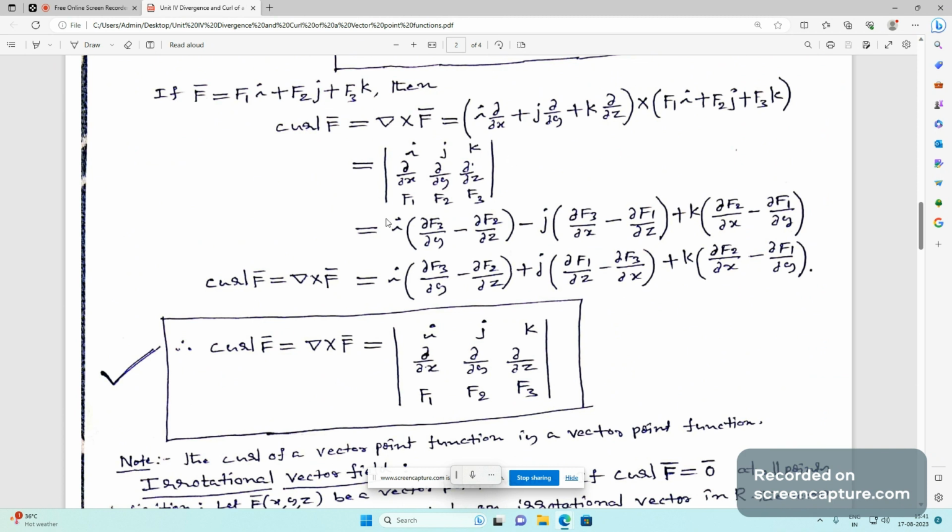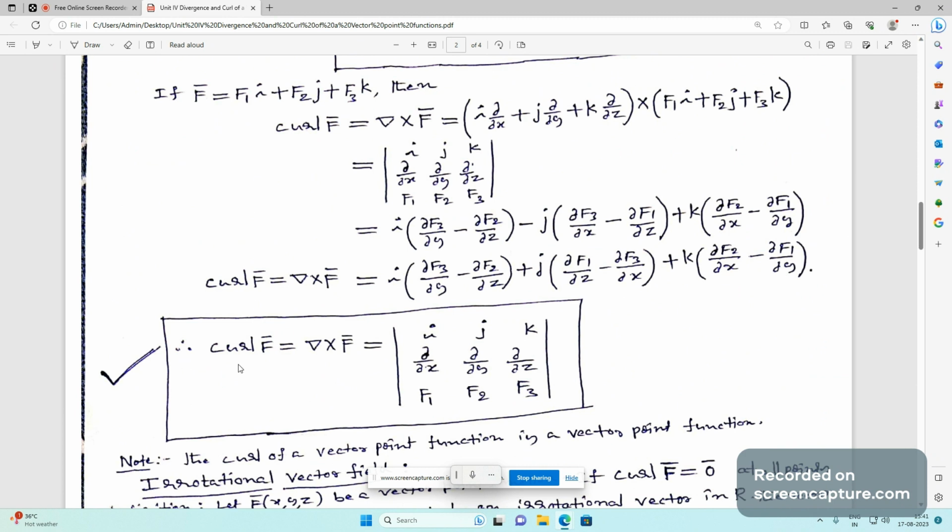Expanding the determinant with respect to the first row, we get curl f bar equals del cross f bar equals i times (∂f3/∂y minus ∂f2/∂z) plus j times (∂f1/∂z minus ∂f3/∂x) plus k times (∂f2/∂x minus ∂f1/∂y).